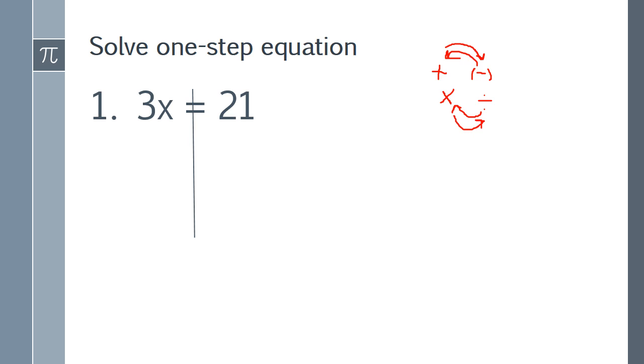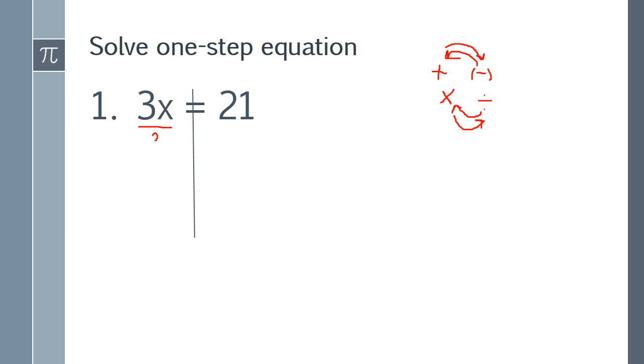Okay, so let's start. We have 3x equals 21. We have 3 multiplied by the x. To get rid of that 3 or move it to the other side, all I need to do is to divide by 3, because division is the inverse operation of multiplication.